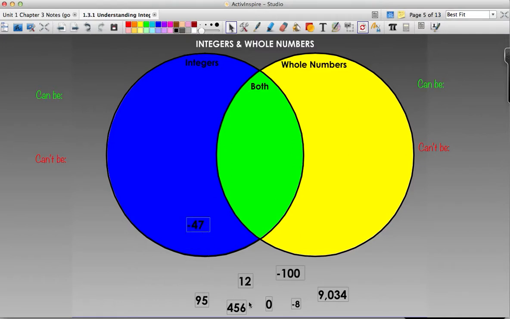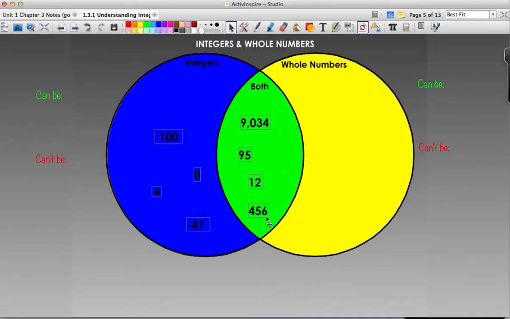Alright, so what you should have found is that all of your positive numbers fit into both categories except for 0. 0 is not a whole number. 0 is only considered an integer. So in this case, there would be nothing that would be just a whole number, because every single whole number is also an integer. The difference here is that integers can be positive or negative, whereas whole numbers can only be positive.